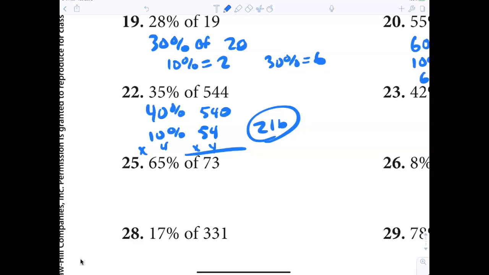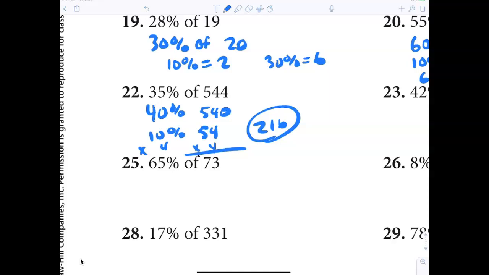Yes, sir. About 175. No. How'd you do it? I did 35% goes to 30 and 544 goes to 550. And then 10% of 550 is 550.